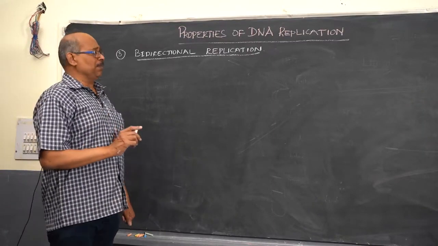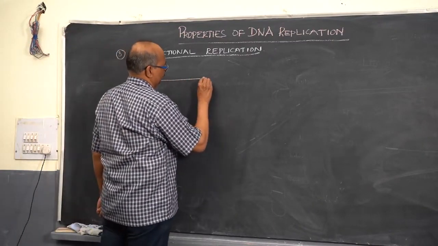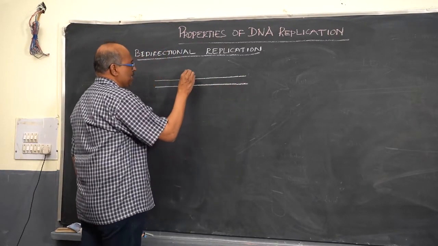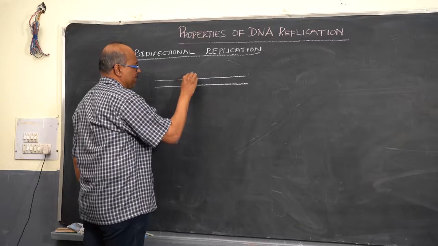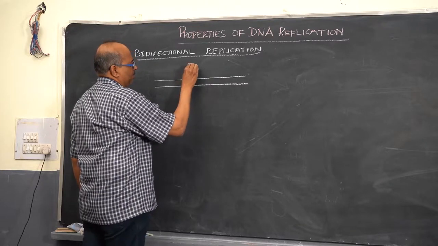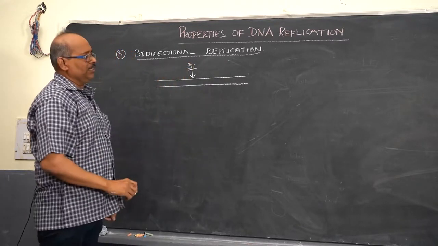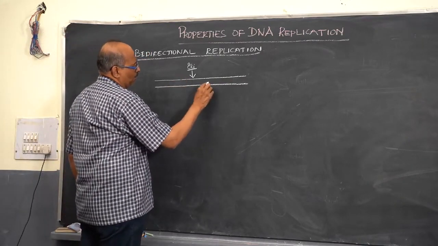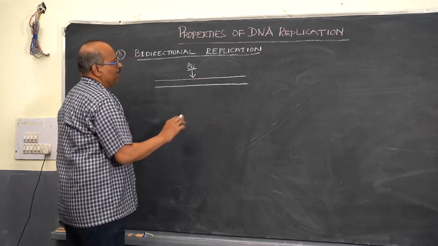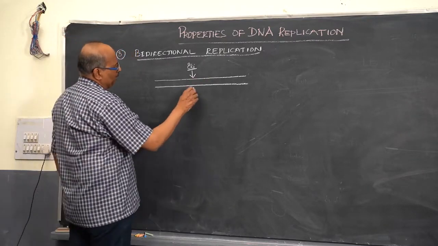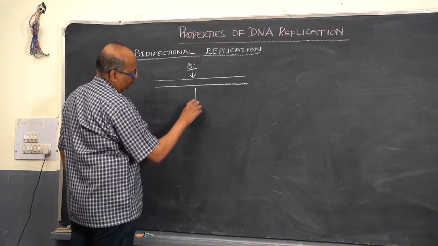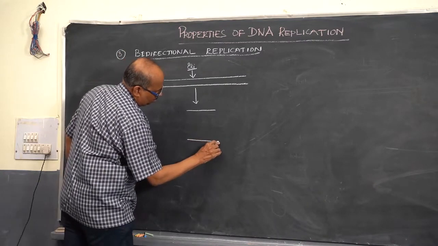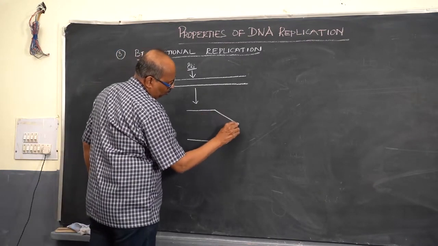In bidirectional replication, if this is the position of what we call the origin, then the helicases, one helicase bound to this, one helicase bound to this, will unwind the DNA so that we get two Y-shaped structures moving in opposite directions.